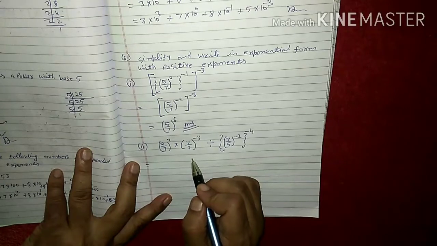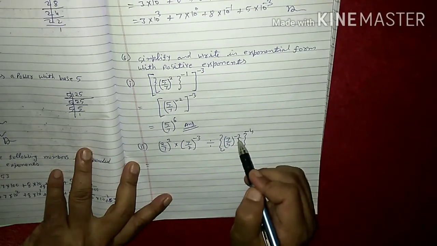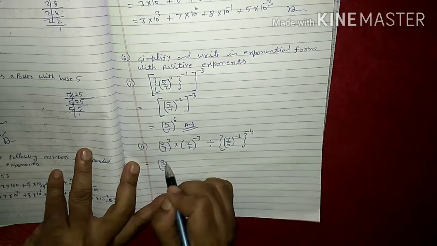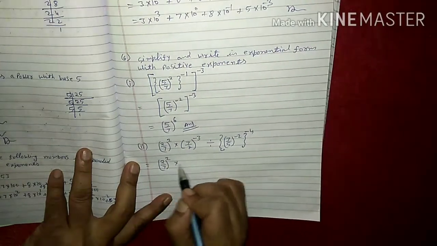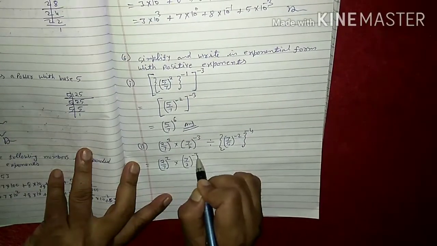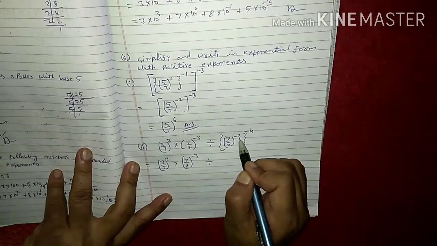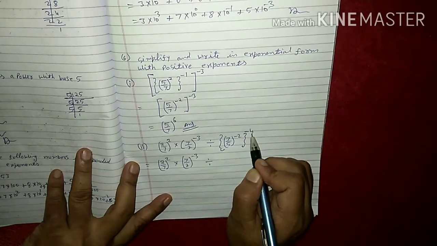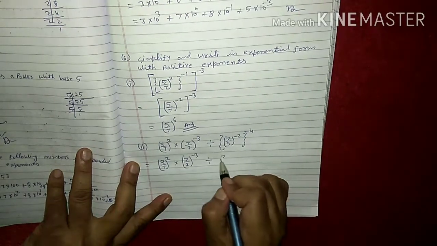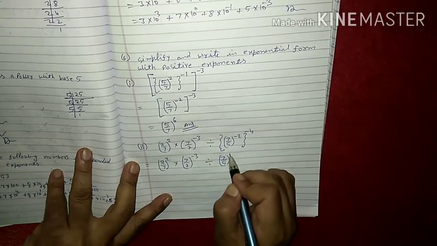First of all, you have to solve these two negative powers. (2/7) as it is, (7/2) as it is, divide. Minus 2 multiplied by minus 4, 2 fours are 8, so (7/5) whole power 8.